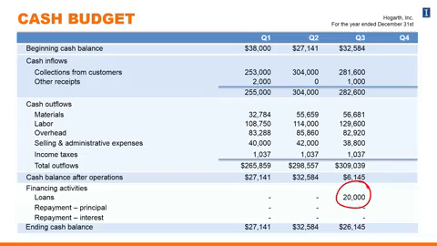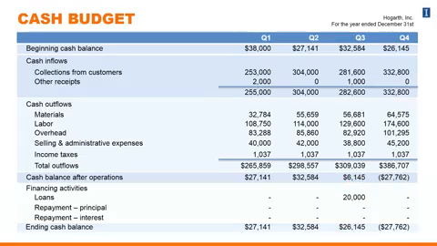That, combined with the cash balance after operations that's available to them, leaves them with $26,145 in cash balance at the end of Q3. However, this is not enough to offset the deficit in cash flows that we have in Q4. Even if we borrow the $20,000, it's not enough to bring the Q4's ending cash balance above the required threshold.